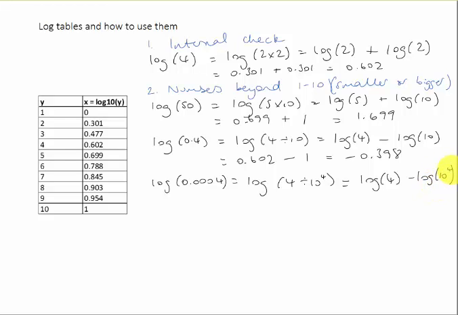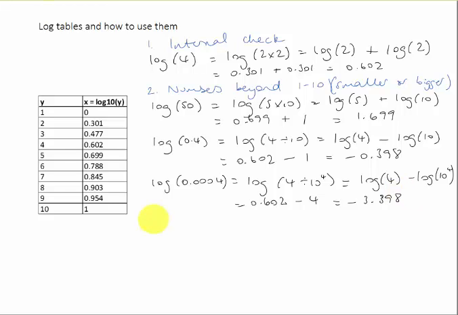Log of 10 to the 4 is 4. So that's 0.602 minus 4, which is minus 3.398. You'll notice that this 398 is the same for the log of 0.4 and the log of 0.0004. That's an interesting point we'll come back to.